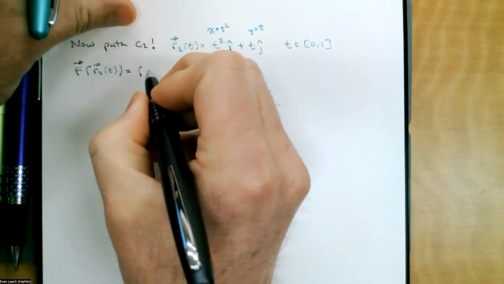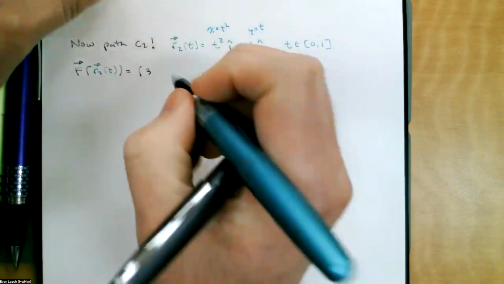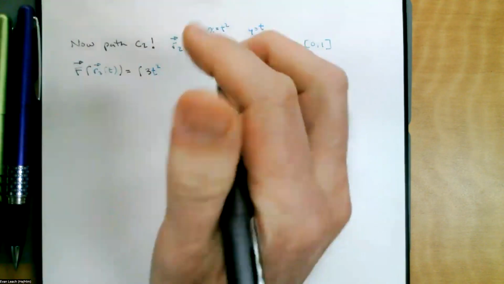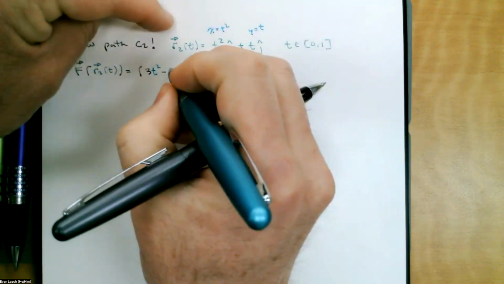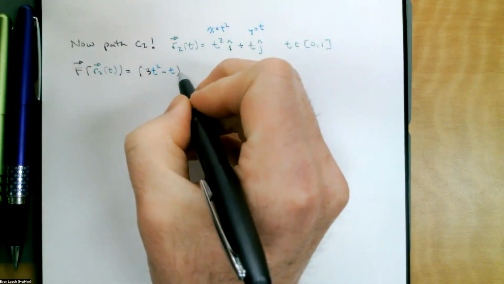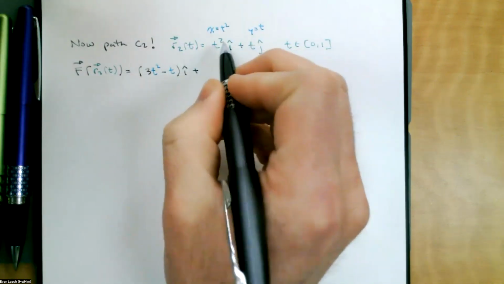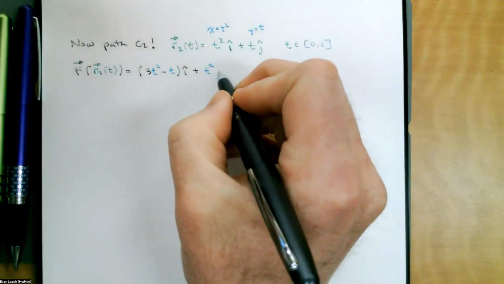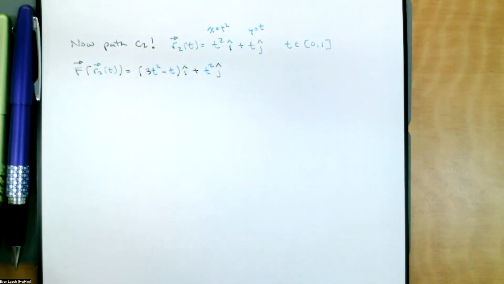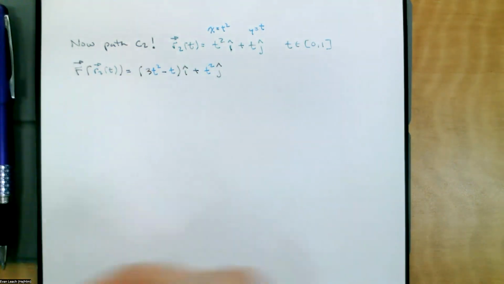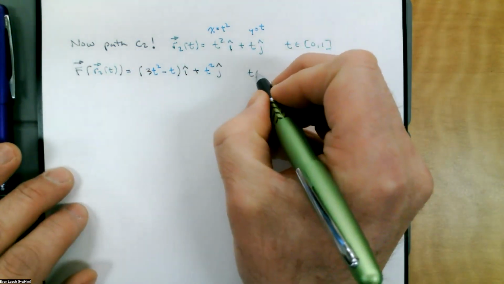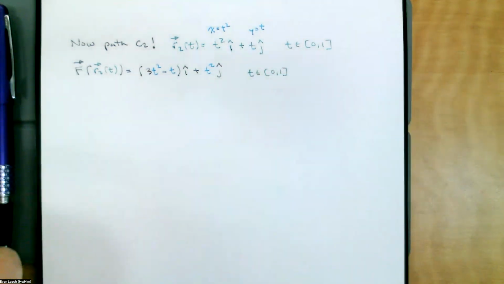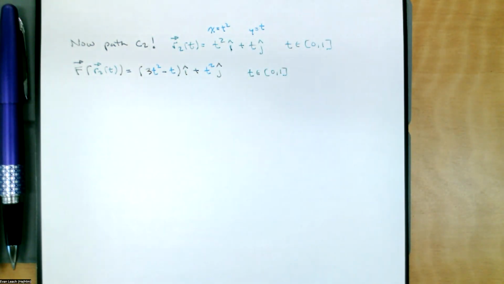So my vector field will be 3t squared minus t i plus the x, which is t squared j. And this is for t from 0 to 1. That's not the vector field everywhere. That's the vector field evaluated at all the points along our parameterized curve.